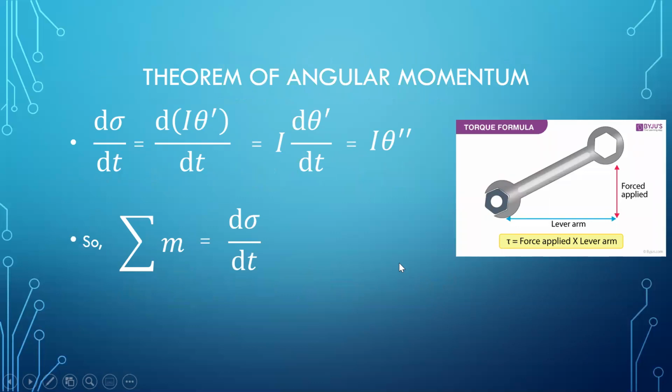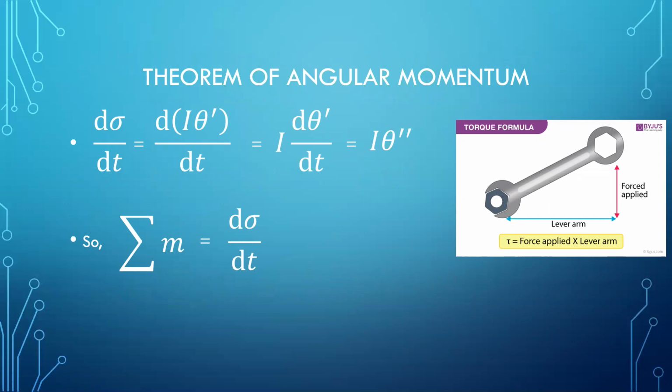Now for the theorem of angular momentum. Before we discuss this in detail, I just have to point out one thing. As we mentioned previously, there are parallel themes or patterns between rotational and translational motion. And that can also be said about angular and linear momentum.